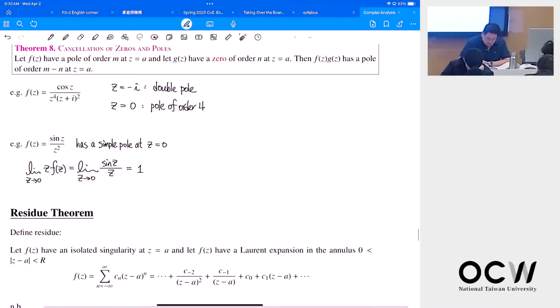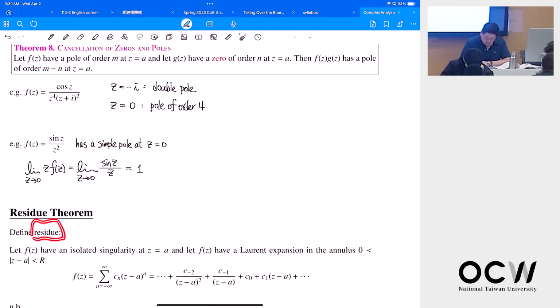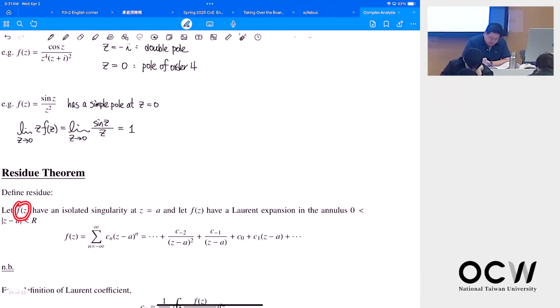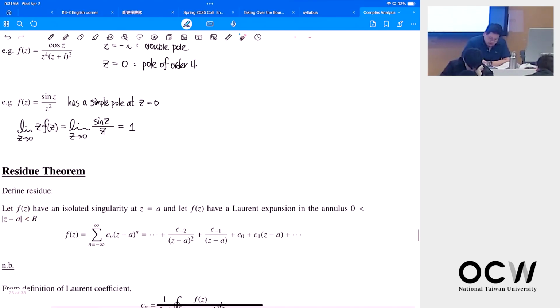To talk about the residue theory, first we need to define residue. What is a residue? I have a complex function with an isolated singularity at z equals a.